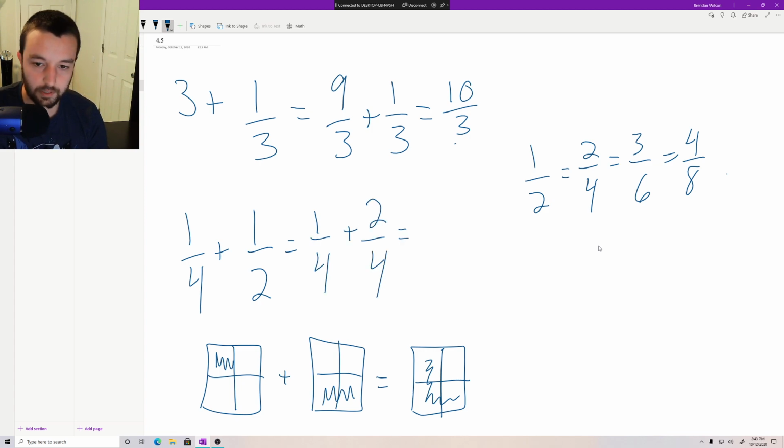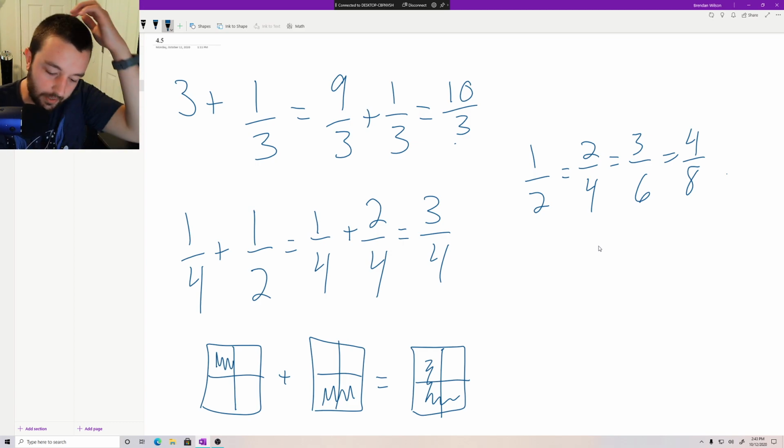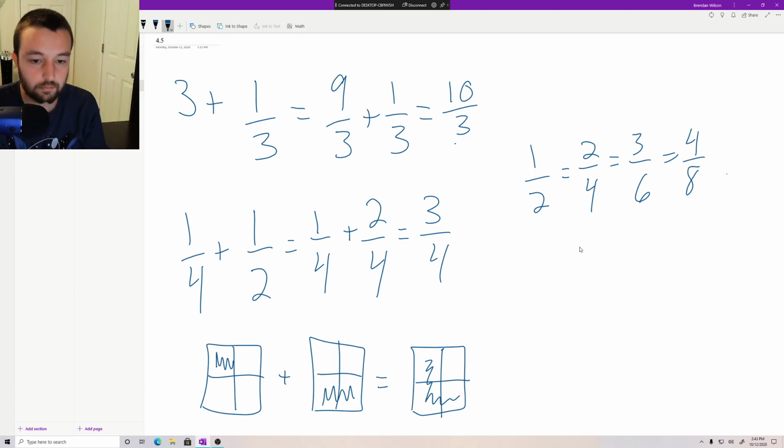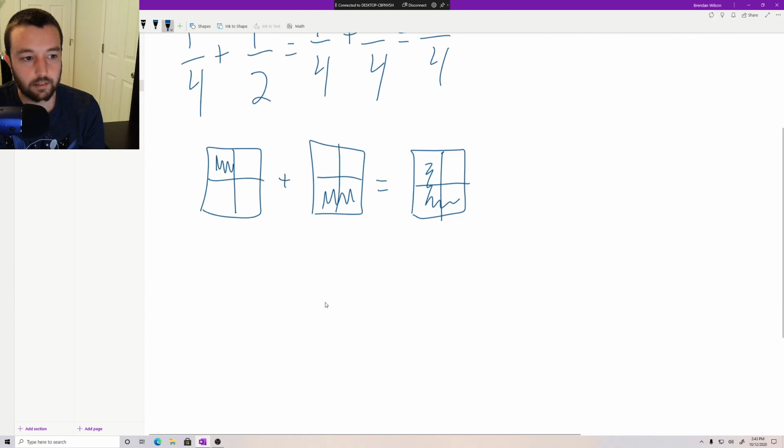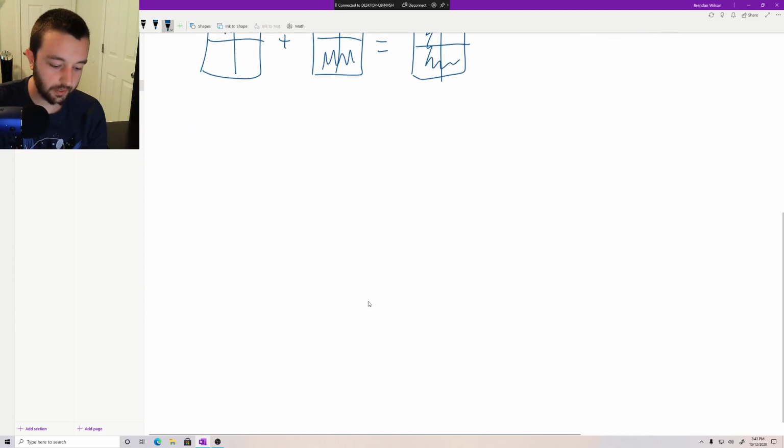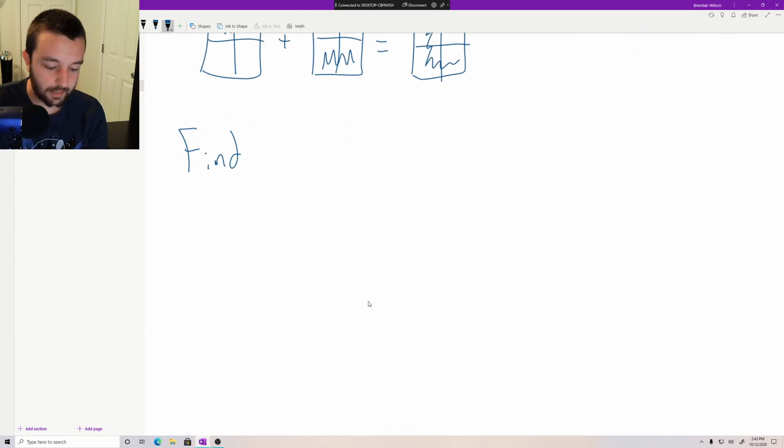So this is back to what we did in 4.1. And then we can see on the top it's just 3. So overall it's 3/4. I'm just using the fact that we did this already in 4.1, but how do we really change from that 1/2 to 2/4? This is where finding the least common denominator comes into play.